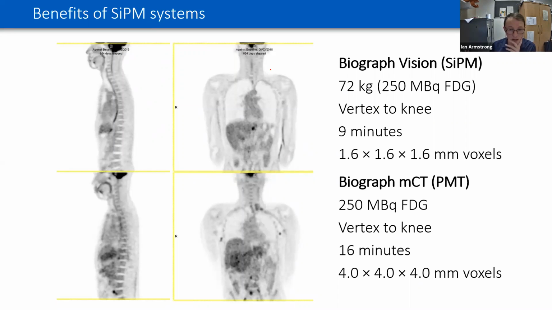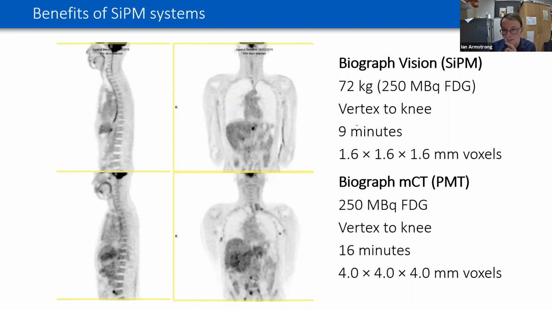This is 2 scans from a patient, pre and post treatment for lymphoma. I appreciate that we've got fewer lesions on the top set of images, which is good for the patient, but what we're really interested in is the image quality in these views.